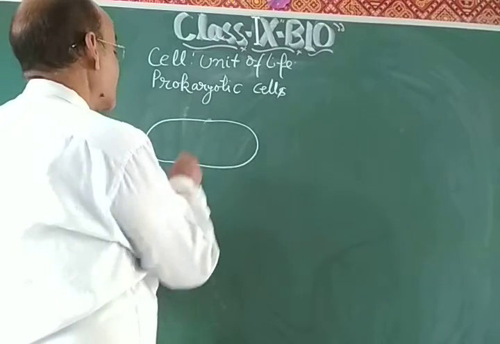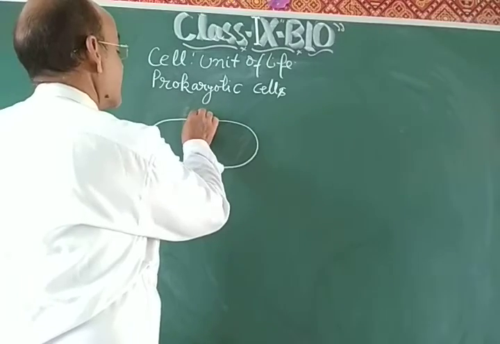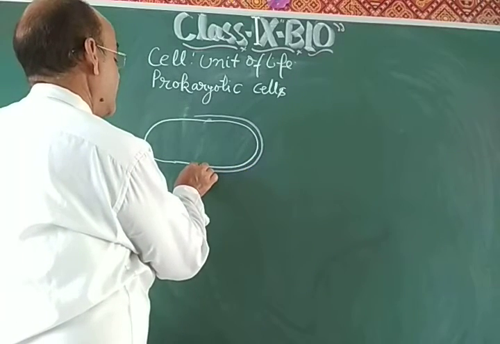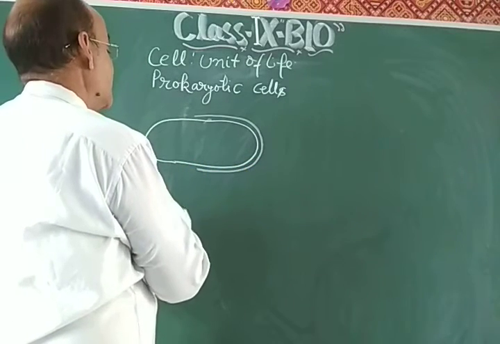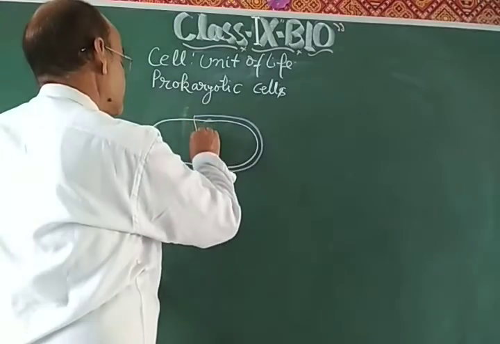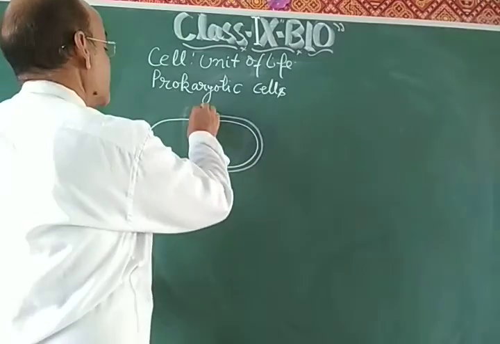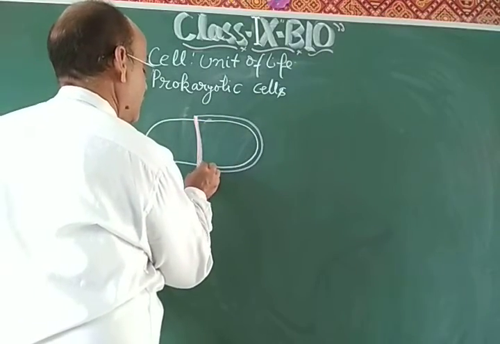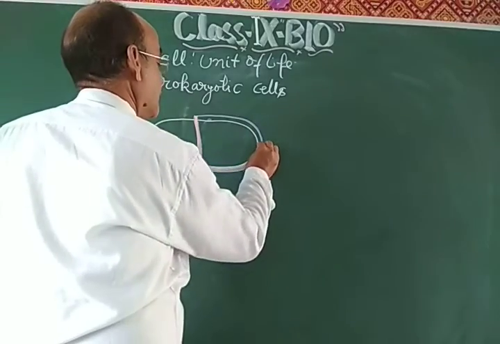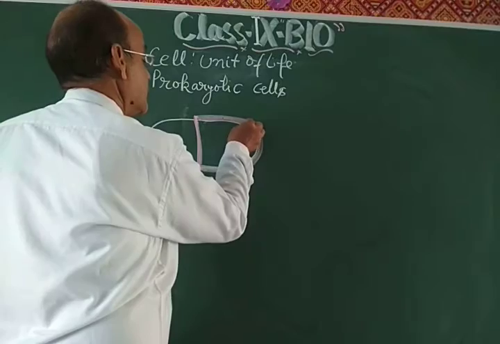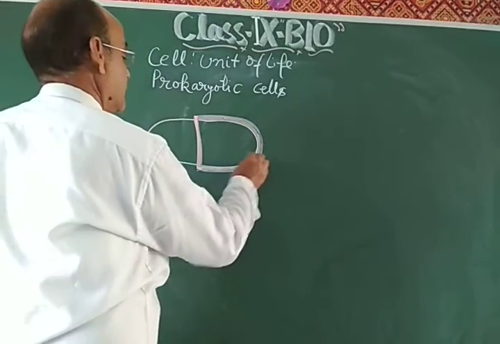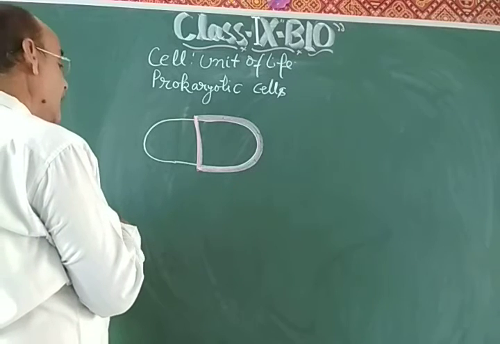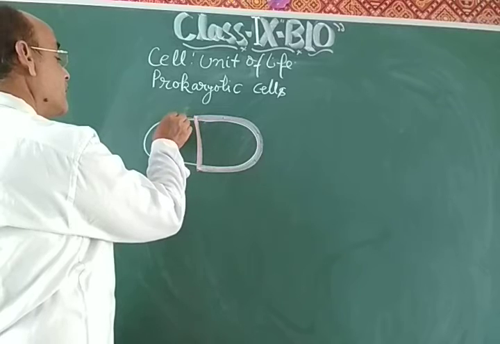If you draw the diagram of this capsule, suppose this is the capsule and you cut it from this place. Then you are looking over here, and this is the remaining part of the cell having the double membrane.